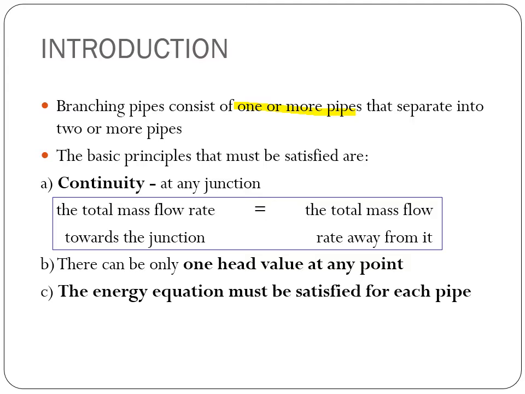Basic principles that must be satisfied are: A, we will use the continuity equation at any junction, so flow rate towards the junction equals flow rate away from the junction. B, there can be only one head value at any point. And C, the energy equation must be satisfied for each point. So basically we will use the continuity equation and the energy equation.